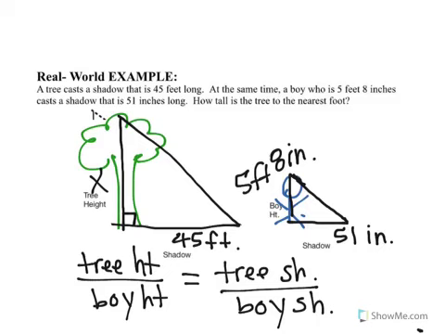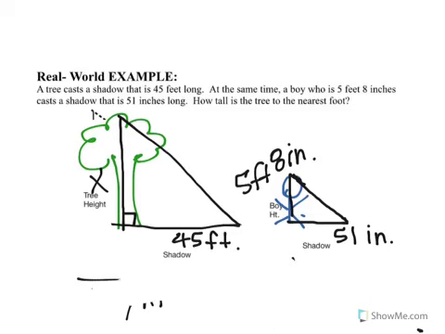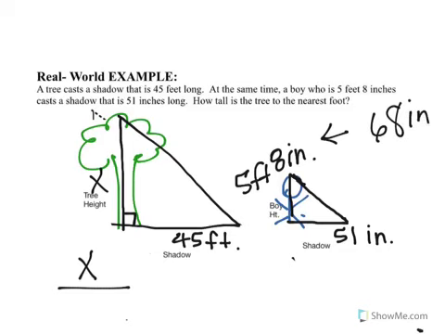I'm giving you a couple minutes to get that written because I'm going to erase it and use that space for our numbers. Okay, so we don't know the height of the tree. There's our X. We know the height of the boy. If we change that to just inches, it should be 68 inches.